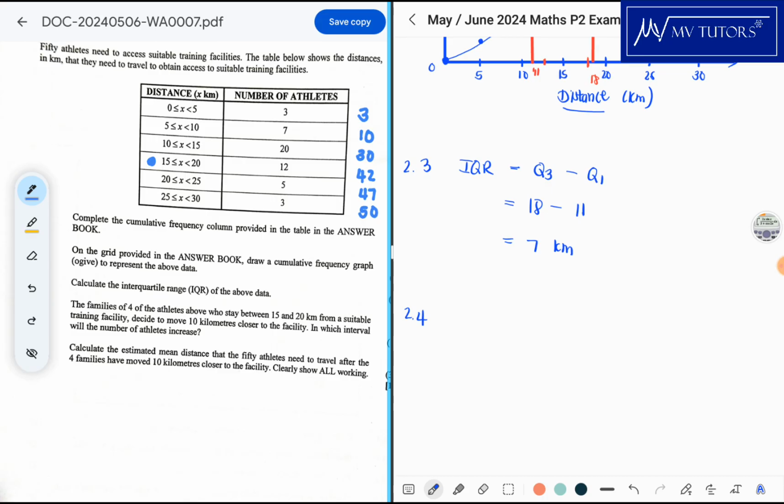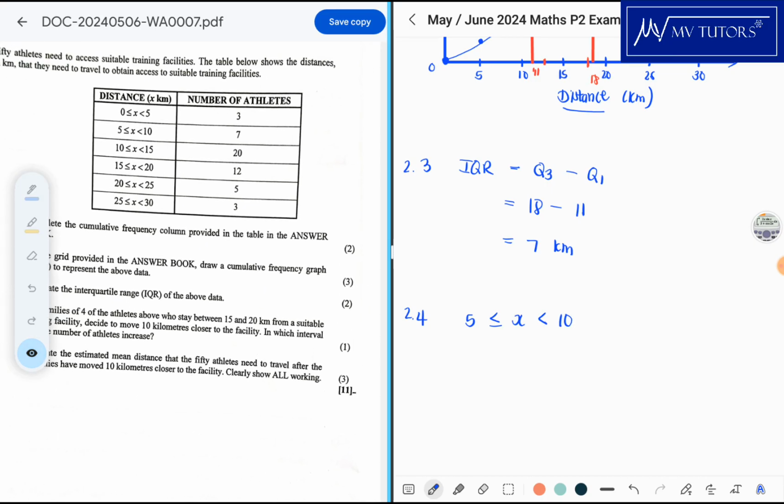So we are here at 15 to 20. If we move 10 kilometers closer, I'm going to subtract 10. So 15 minus 10 is 5, 20 minus 10 is 10. So basically, this is now the new interval. Okay, they're much closer to the facilities.